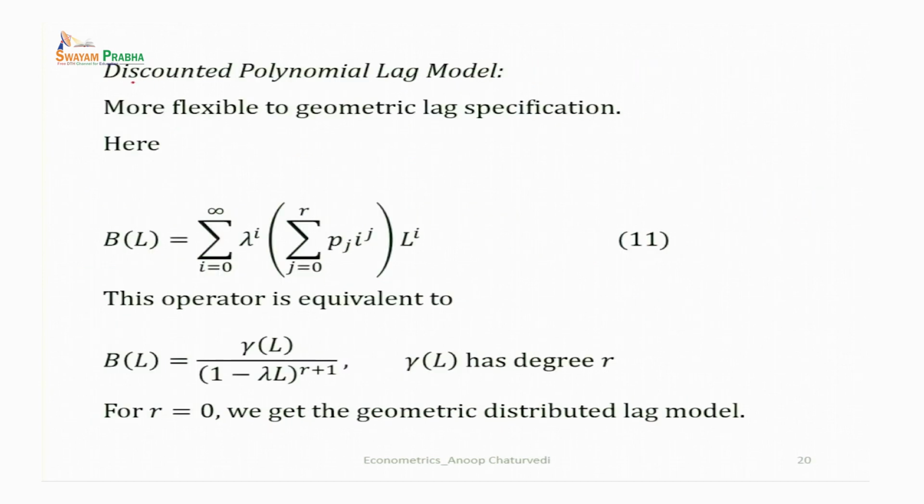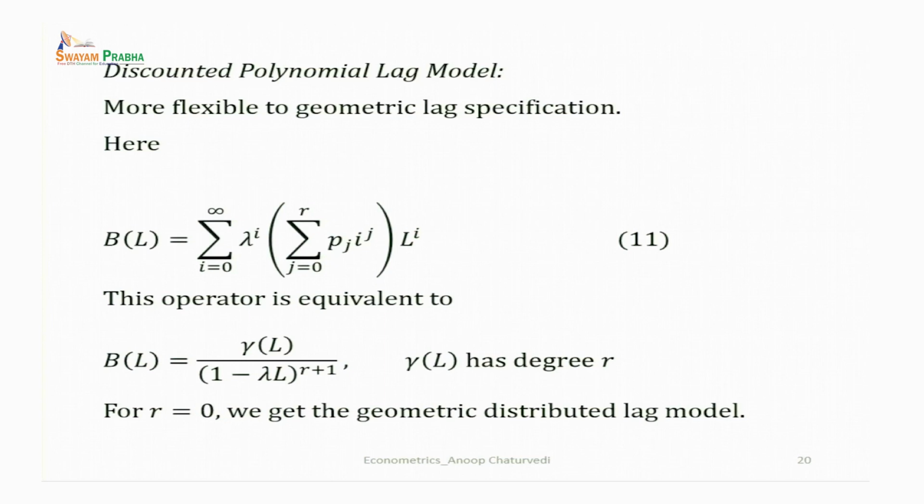Then we consider discounted polynomial lag model. So, it is even more flexible than the geometric lag specification, and here in this specification we take B L equal to summation i equal to 0 to infinity lambda to the power i, and then in between you have summation j equal to 0 to r p j i to the power j, and then you have L to the power i.